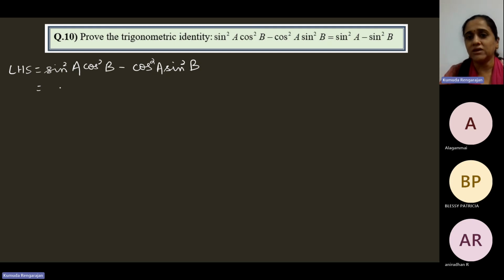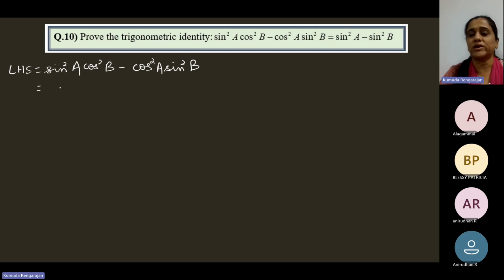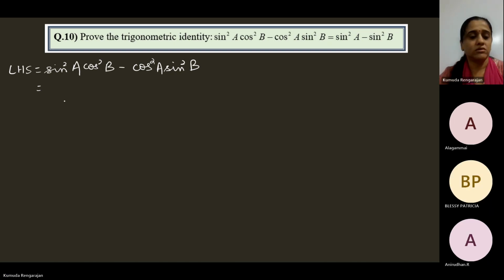We have cos square B, cos square A, along with sine square A and sine square B. On the left-hand side, we have sine and cos, but on the right-hand side, we have only sine, right? So what should you do? Sine square A into, we don't want cos, right? RHS does not have cos.